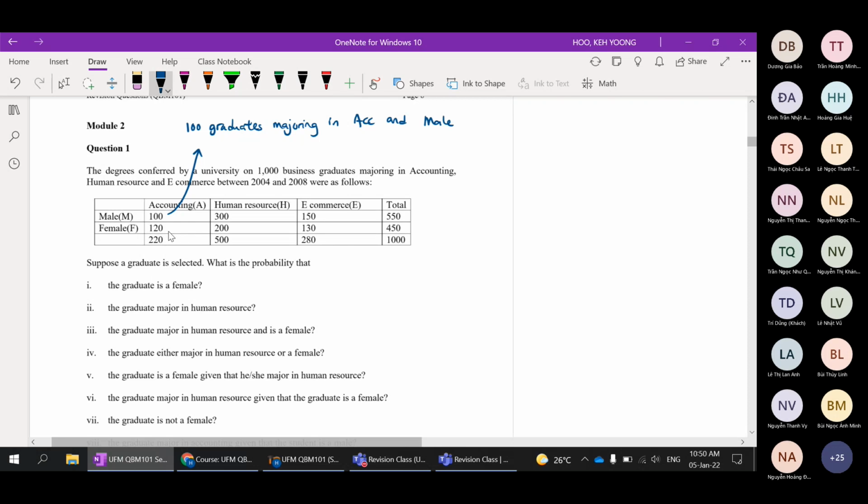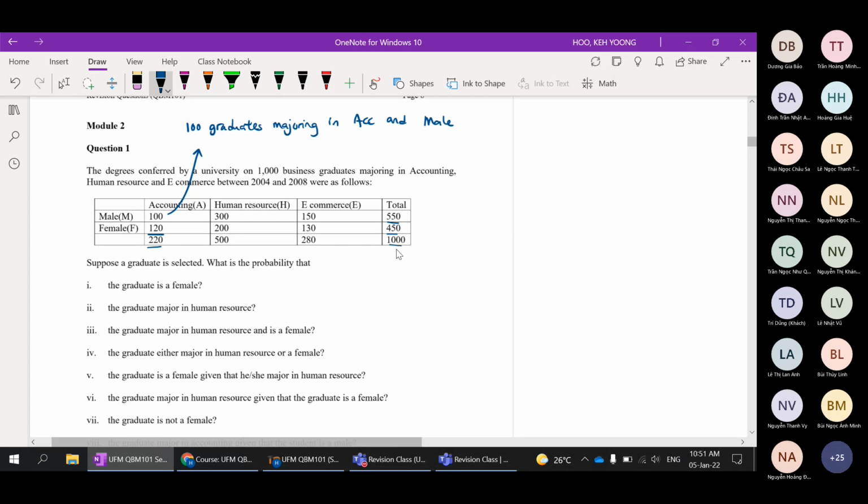So 120 means 120 of them are majoring in accounting, and they are female. So total accounting graduates you have 220. Same for the other columns and rows. Total male you have 550. Female is 450.